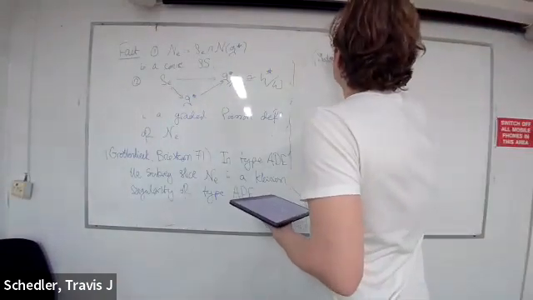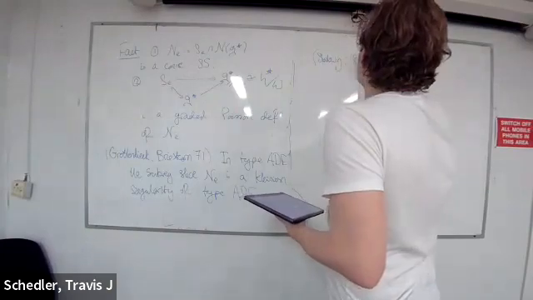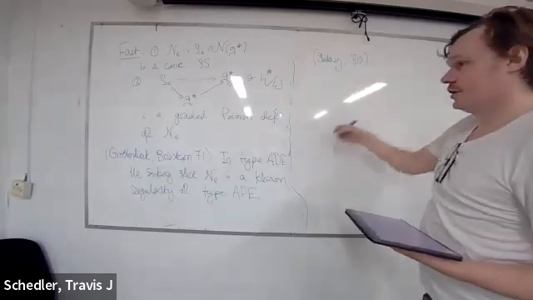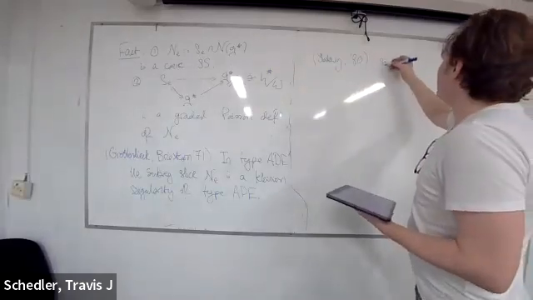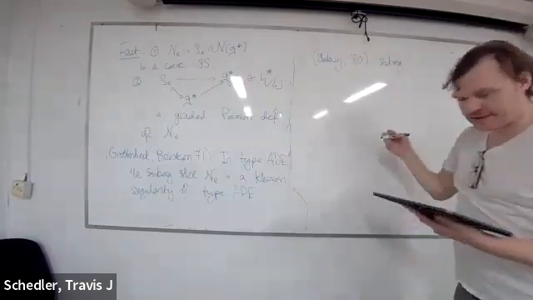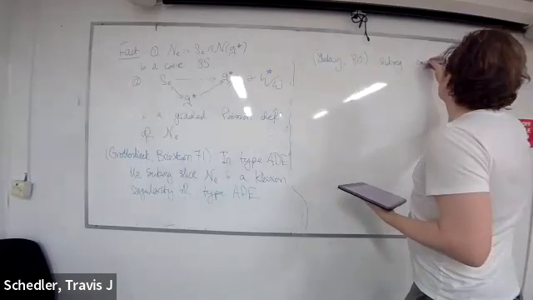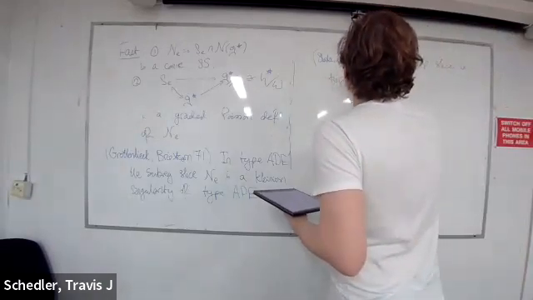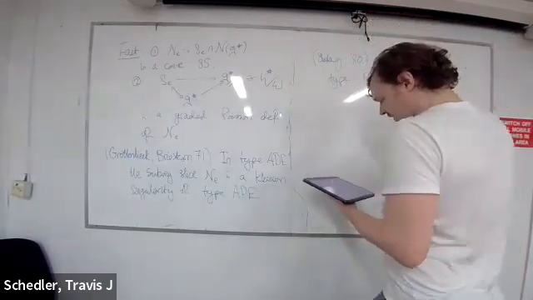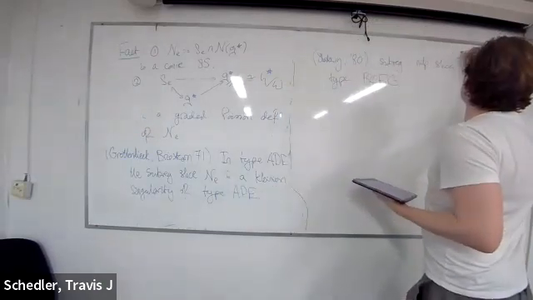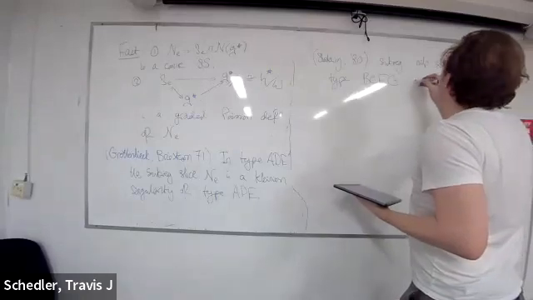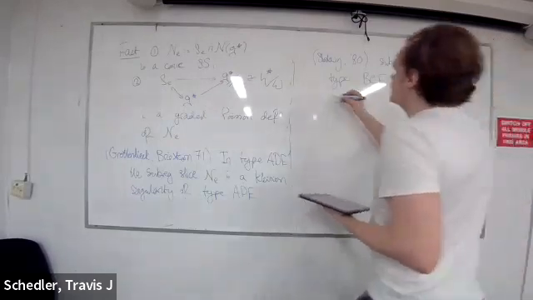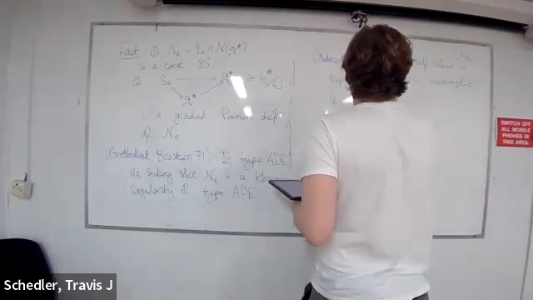Slodowy wrote a book in the 1980s, which was about this, and I suppose the main original contribution to what Brieskorn had already done was considering the subregular slices in types B, C, F, G. So these are, I'll call it N naught, to an ADE singularity.